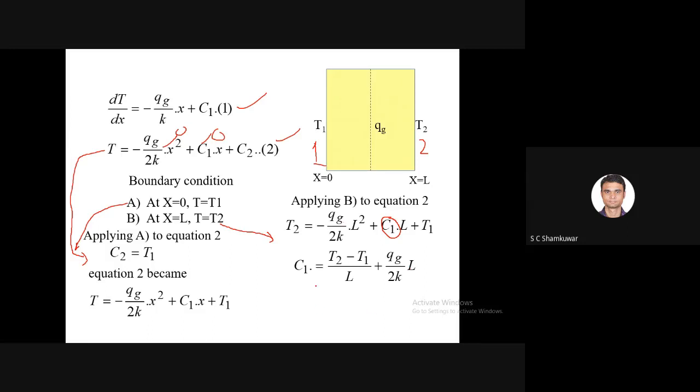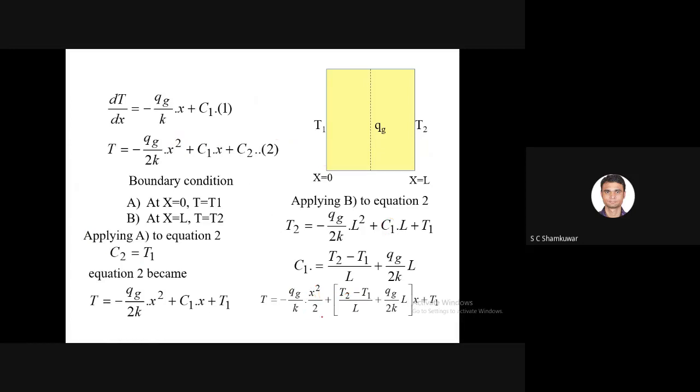Now we know C1. We know C2. Now what will this temperature equation be? It will be minus Qg x square by 2k, same.